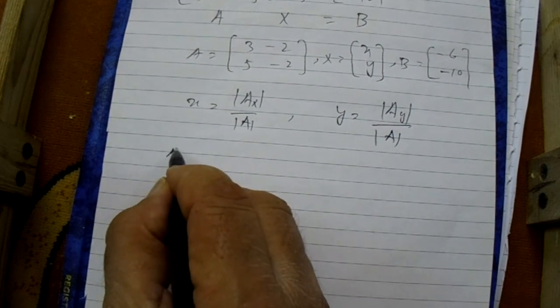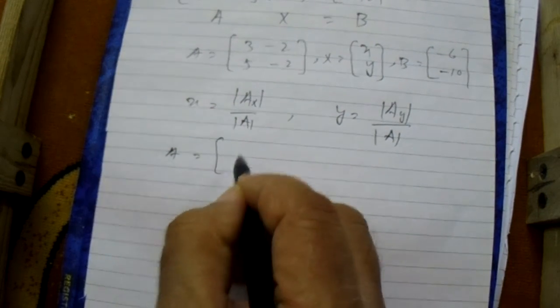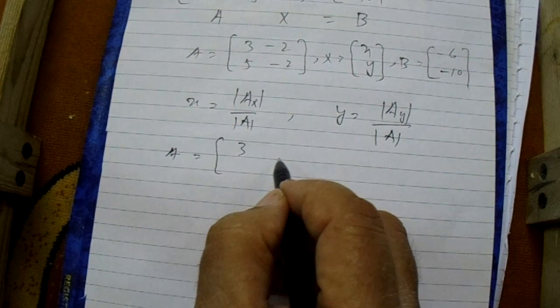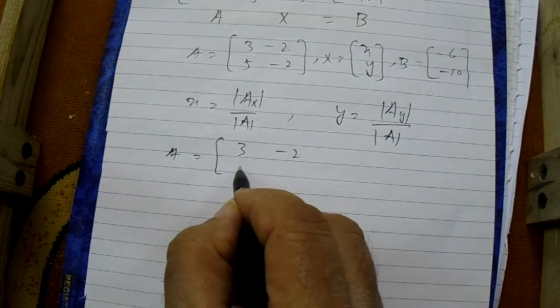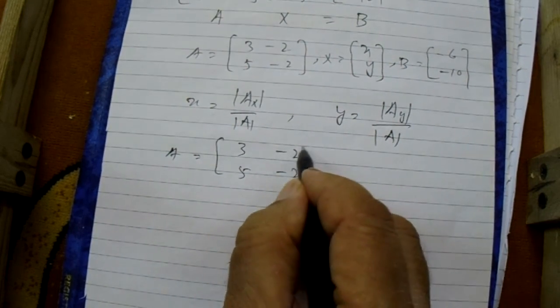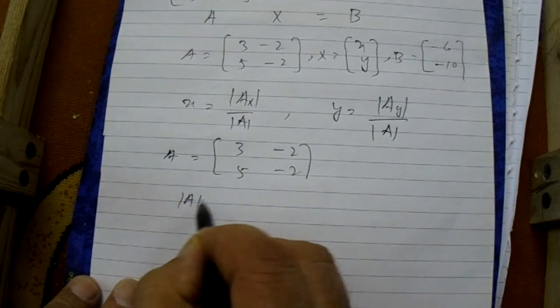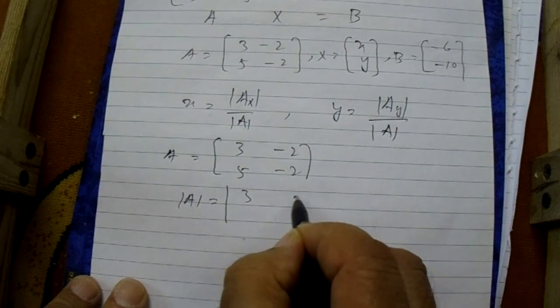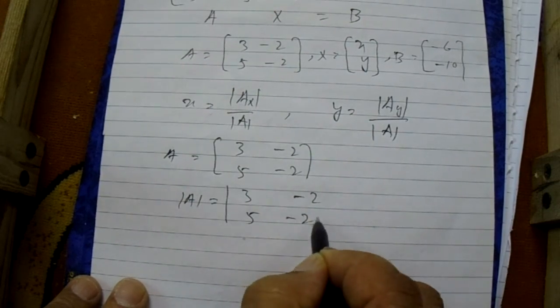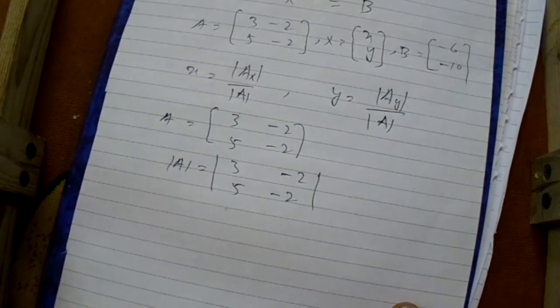Now we have matrix A is equal to [3, -2; 5, -2]. Now we find the determinant of this.